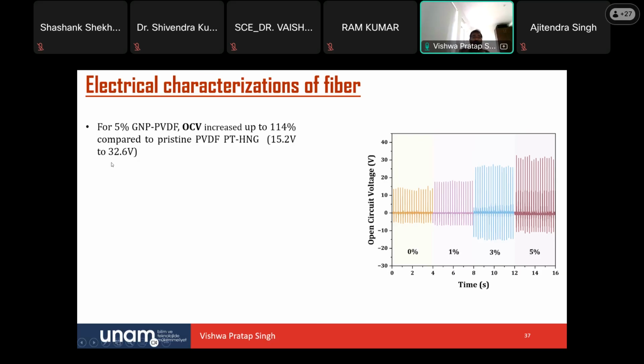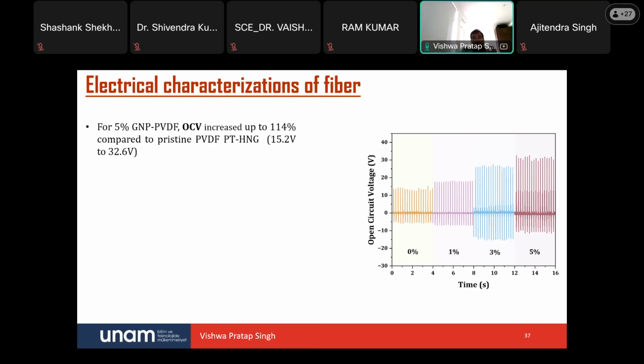Still it is giving really good output. This was due to both triboelectric and piezoelectric, the hybrid. So we got higher voltage. And in case of pure PVDF, we got almost 50% more than the coaxial, and pure piezoelectric was very low.